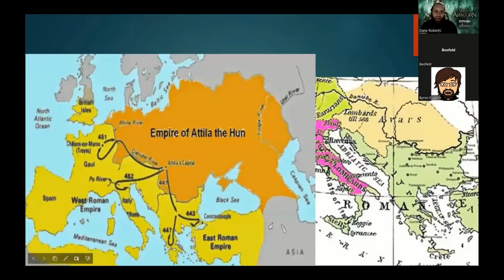And you see that here with the Empire of Attila, as well as an offshoot of the Hunnic Empire, the Avars, who are very interesting because Charlemagne is the one who eventually had to put them down, and they remained a threat for centuries until Charlemagne came along.